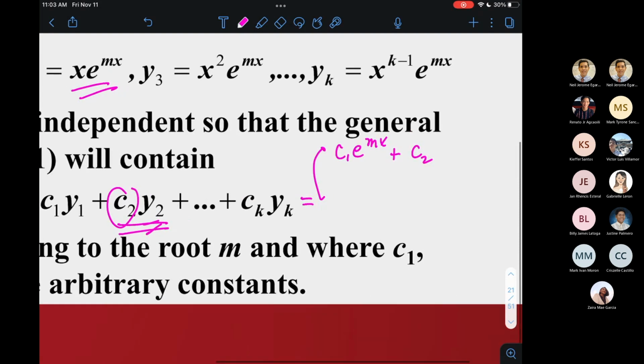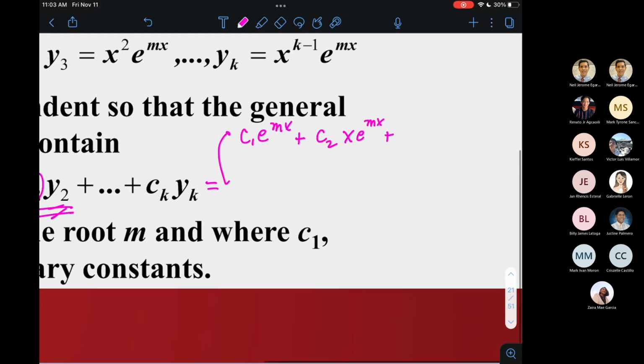So, I'll have x e to the mx plus C3 x squared e to the mx until makarating ako kay ck x to the k minus 1 times e to the mx. Alright? So siya yung expansion ng sinasabi sa atin ng theorem ng case number 2.